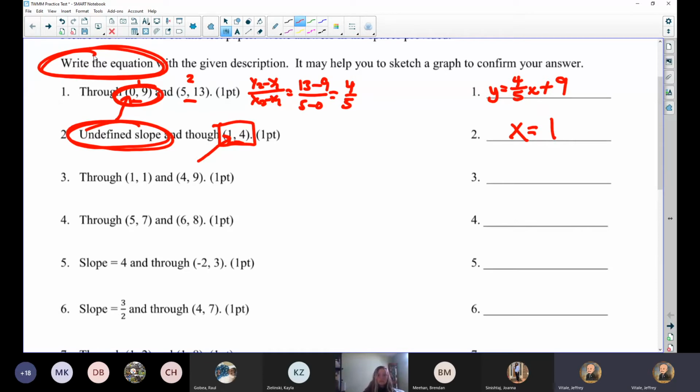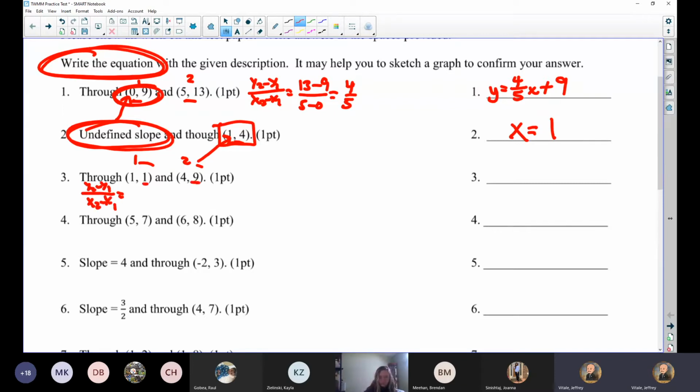All right. Now the next one, they don't give us a y-intercept. So we've got to kind of go from scratch here. We got 2 points. So we'll call this one point 1 and this point 2 to find the slope. So y2 minus y1 over x2 minus x1.